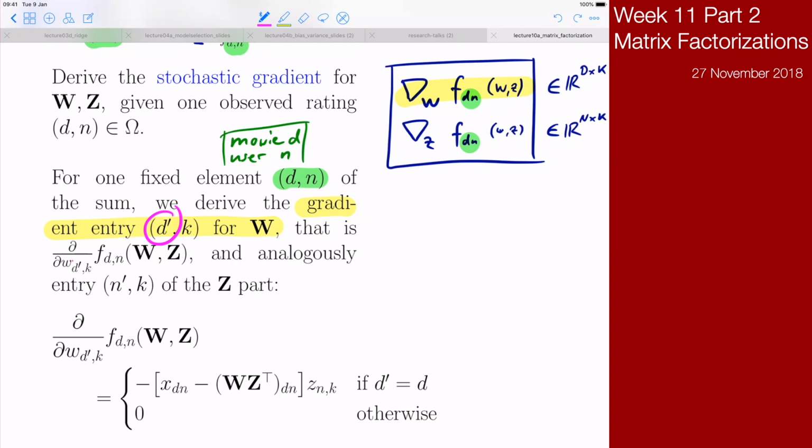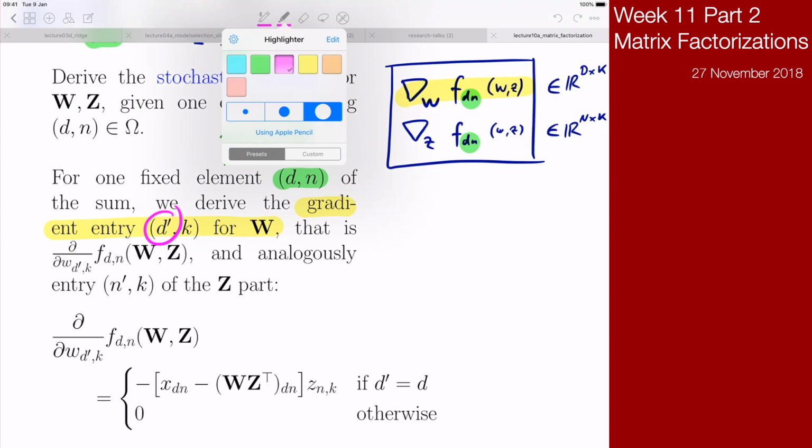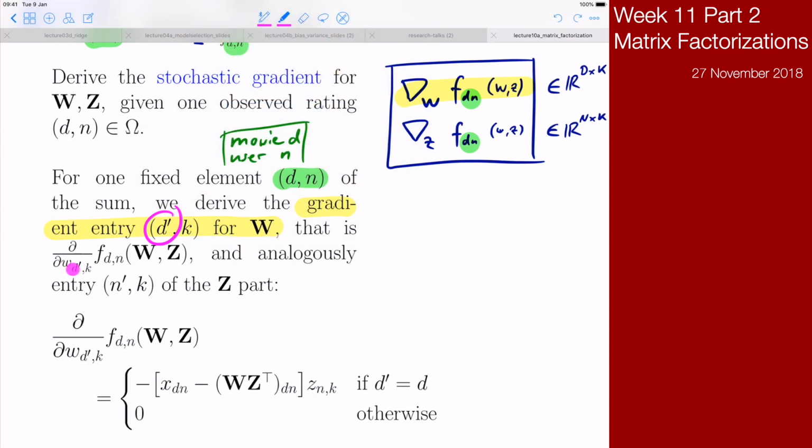so let me mark this here maybe. I'll give this a different color. Okay, we are getting there.